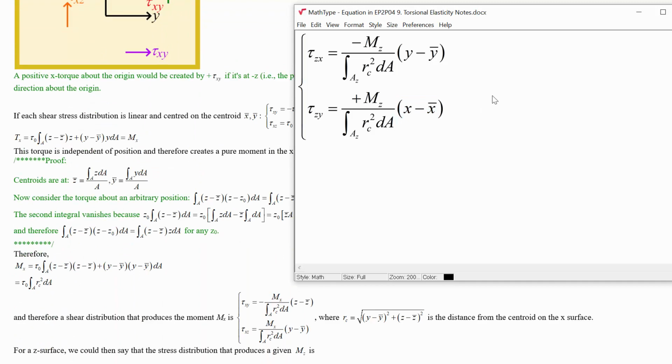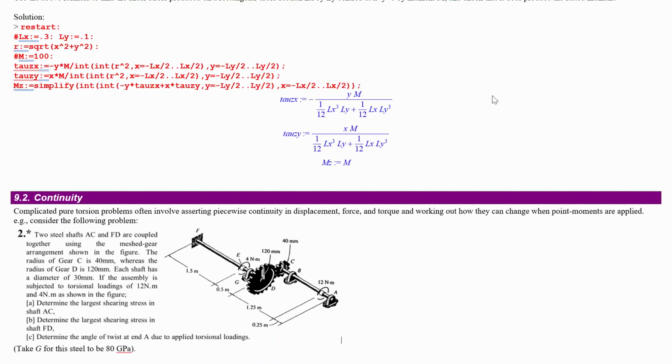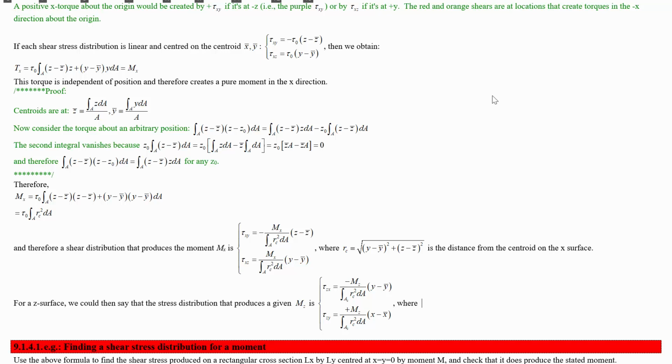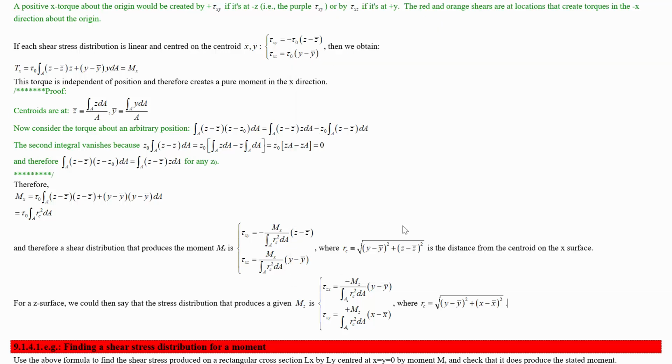Okay, now this time we will say where Rc is defined as the root of the distance that we are from the centroid. So in this case, it's going to be y minus y bar squared plus x minus x bar squared.